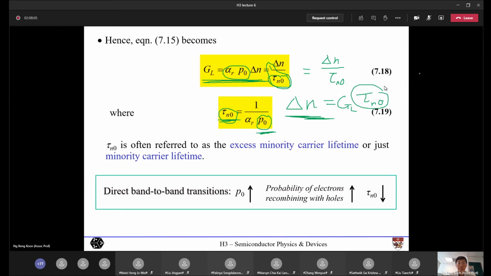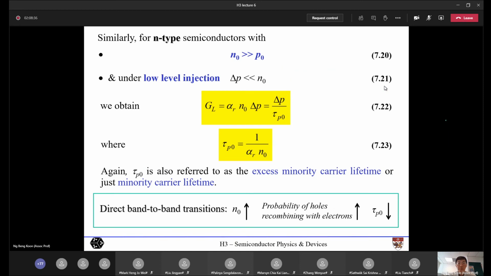Different materials will have different minority carrier lifetimes. These parameters are measured and characterized before, so usually you can find them in reference books or reference materials. These are well characterized material parameters. So if you know your optical generation rate, then you can find out your excess carrier concentration under steady state condition.